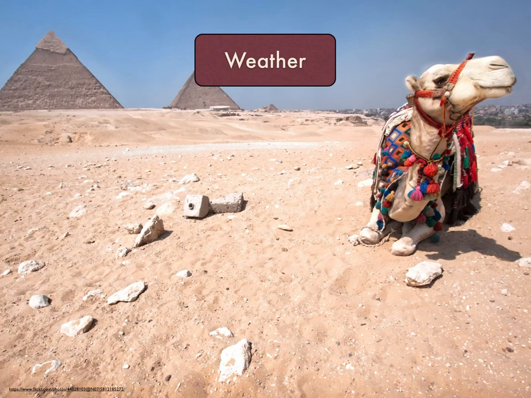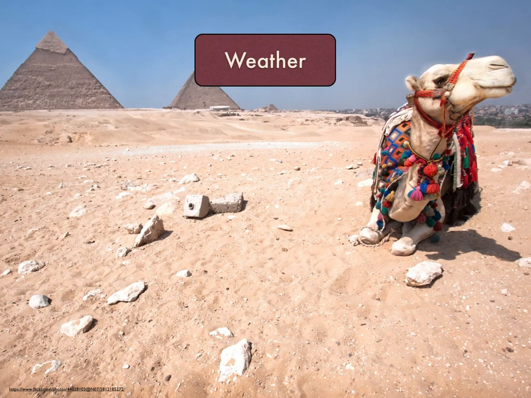So continuing with speaking of the environment, let's move on to weather. Weather, as you might imagine, is pretty harsh in Egypt. The desert is very hot. There really are only two seasons, summer and winter. I mean, they have periods of transition, but they're very brief, and the change in temperature and weather conditions are very slight.